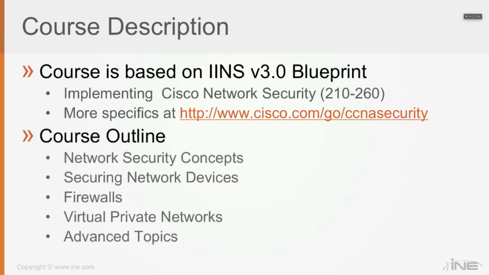The course outline throughout the week is divided into a couple of sections, outlined per Cisco's blueprint: network security concepts, securing network devices, firewalls, VPNs, and then a couple of advanced topics which we're mainly just going to discuss. There are going to be no live examples there, because the scope is only to introduce you to other technologies and what the scope of those technologies is to begin with.